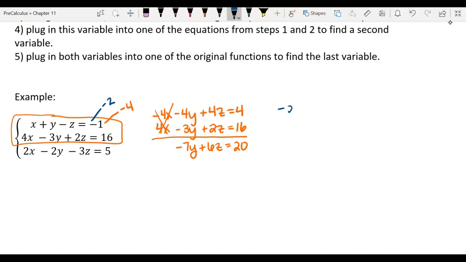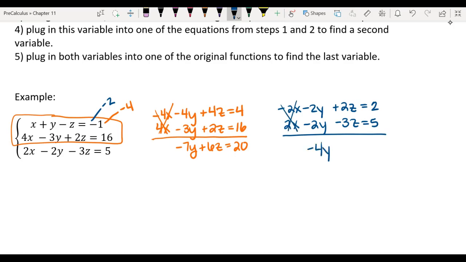That gets me negative 2x minus 2y plus 2z equals 2. And now I'm rewriting that bottom one: 2x minus 2y minus 3z equals 5. The x's cancel. I have negative 4y minus z must equal 7.